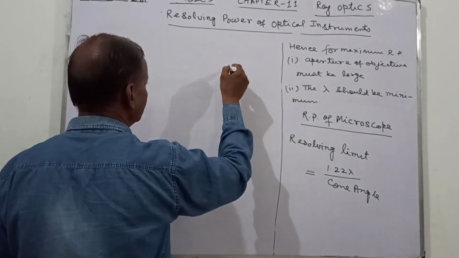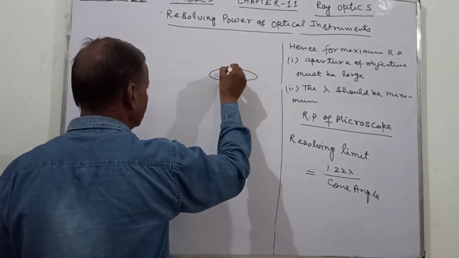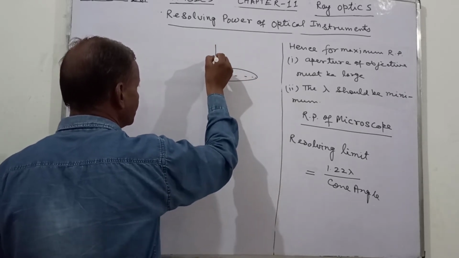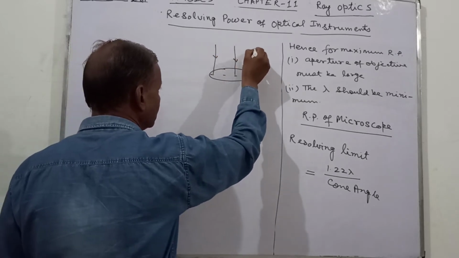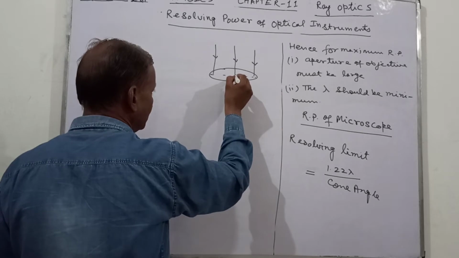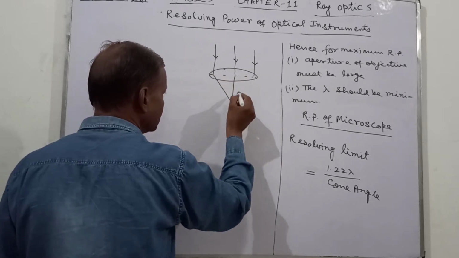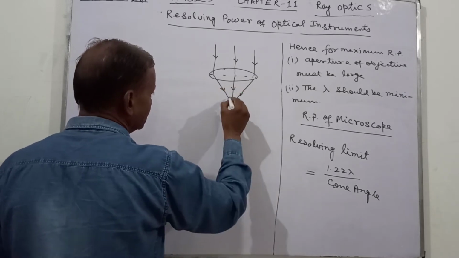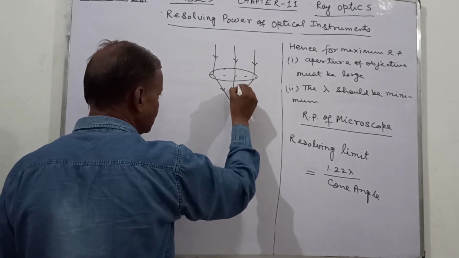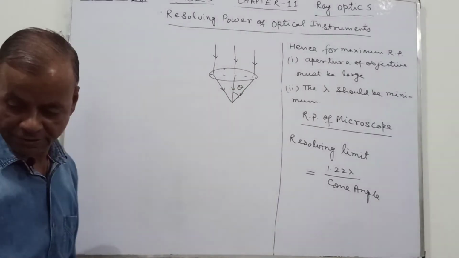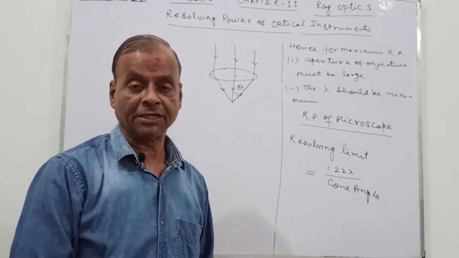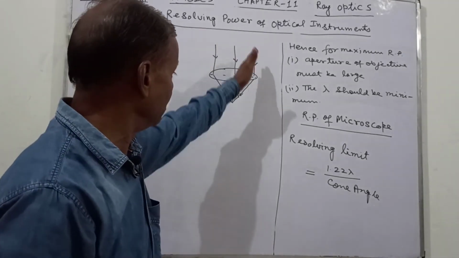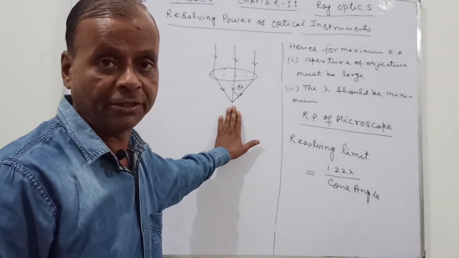Suppose there is a convex lens, then light rays coming from all these parts will meet at this point, that is the focus.